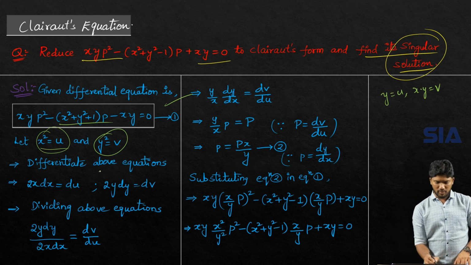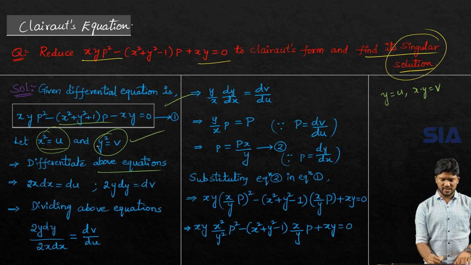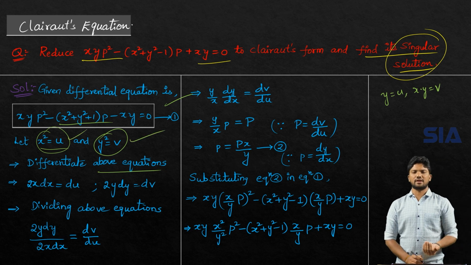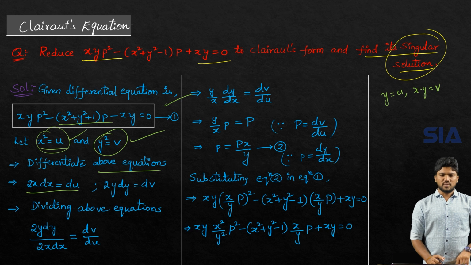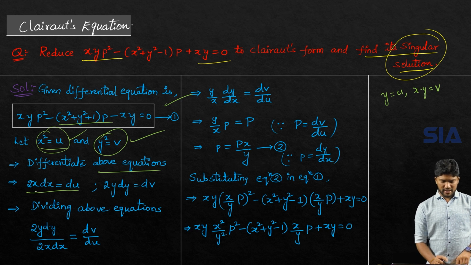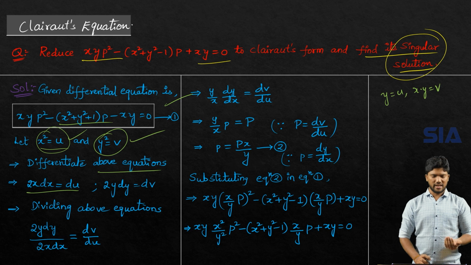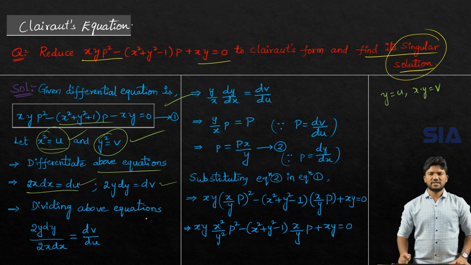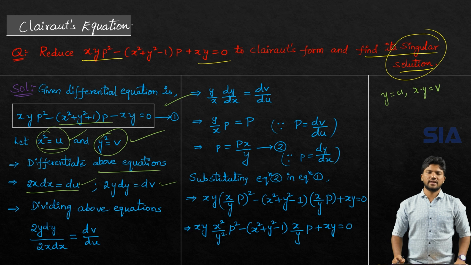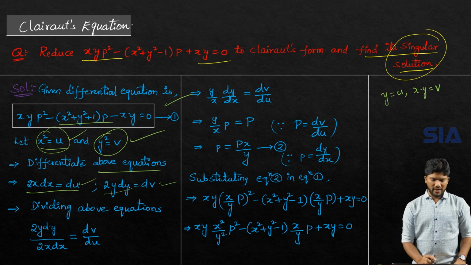Now differentiate the above equations. So x square is equal to u. If you differentiate, 2x dx is equal to du, and differentiating y square equal to v, 2y dy is equal to dv.